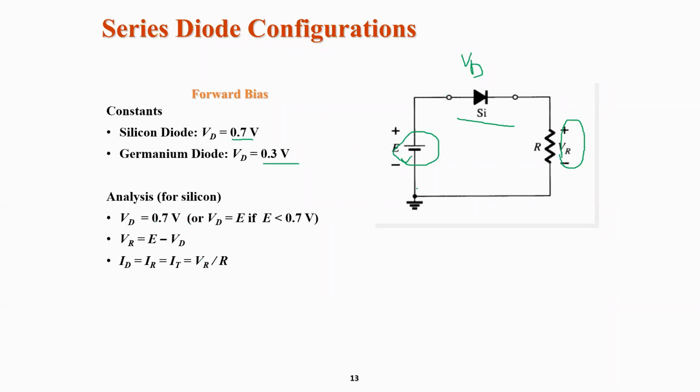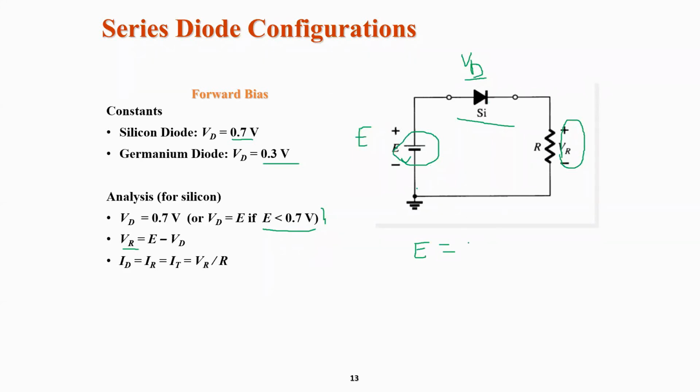Now, if VD is equal to E, and if E is less than 0.7, then in that case your voltage across diode is this, and your voltage across resistance is this potential minus this potential. This is nothing new. This is your KVL, Kirchhoff's voltage law, which says that this is your potential E. So total potential across this is total drops across all the elements.